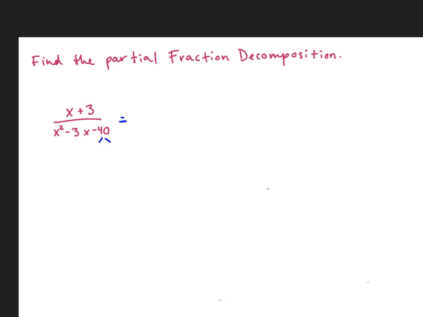So what are two factors of negative 40 that add to negative 3? 5 and negative 8. Awesome. So x plus 5 and x minus 8. So we put those under here. So we have x plus 5 and x minus 8.